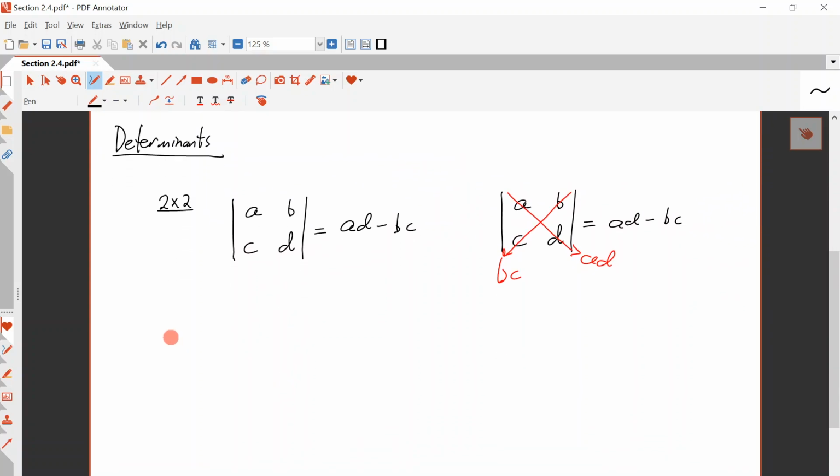Okay? And then a 3 by 3 determinant is defined as follows.